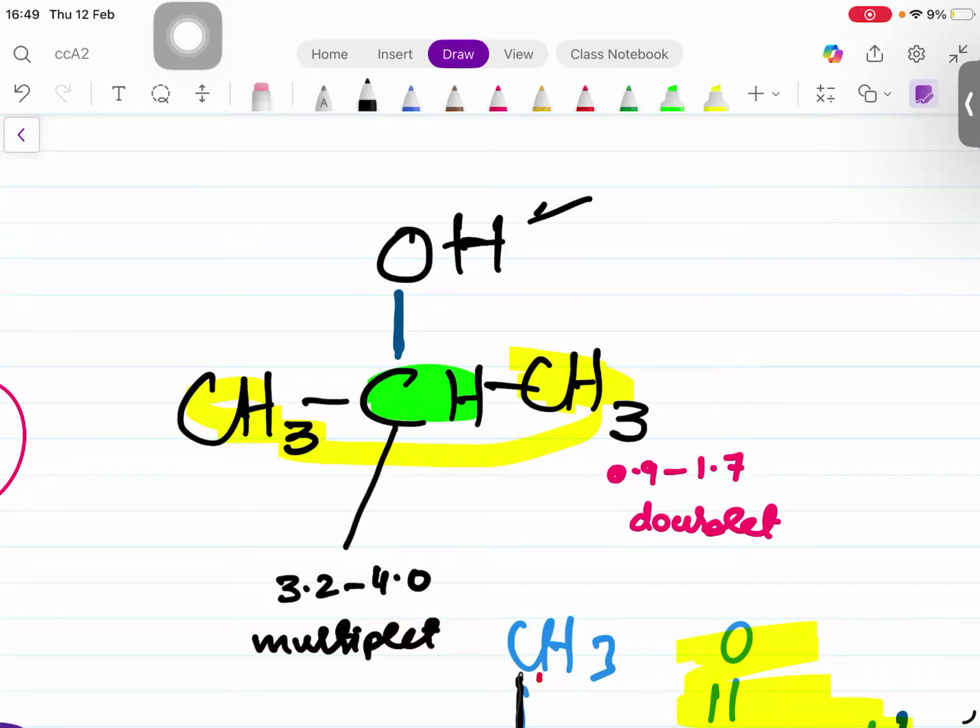What about this? Another peak? 0.5 to 6, and it's going to be a singlet, unfortunately. No one is interacting. Zero neighboring. 0 plus 1 is? The rule is neighboring proton plus 1.